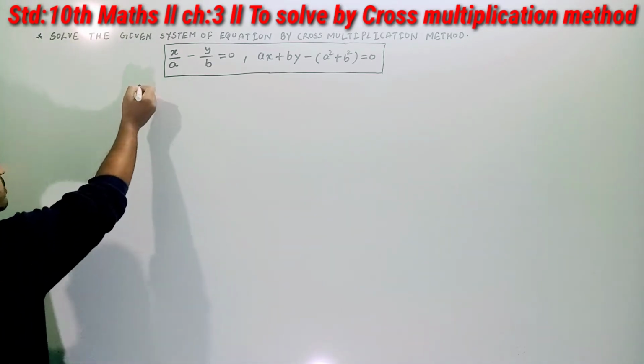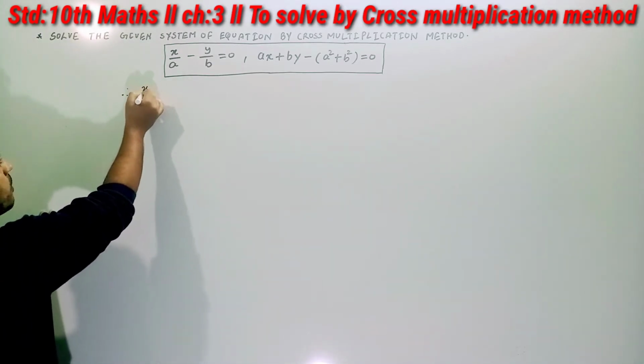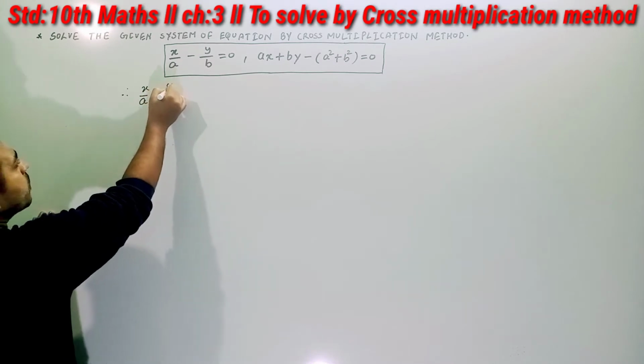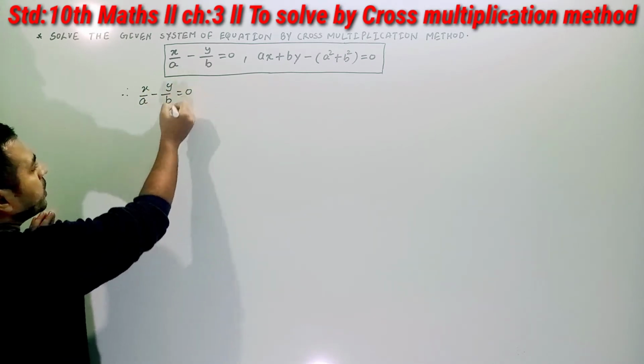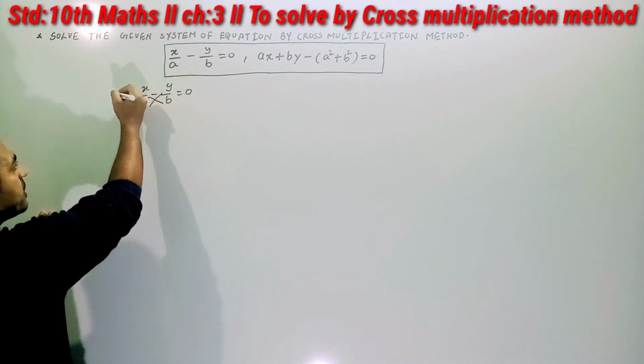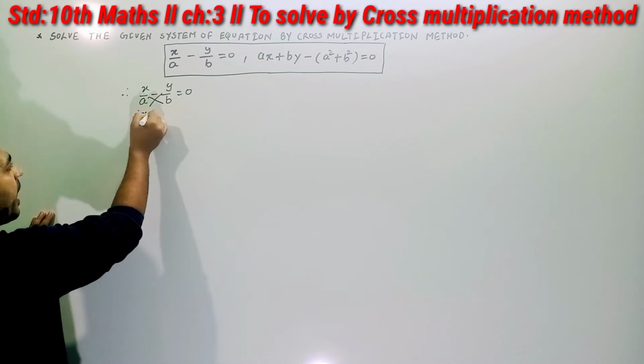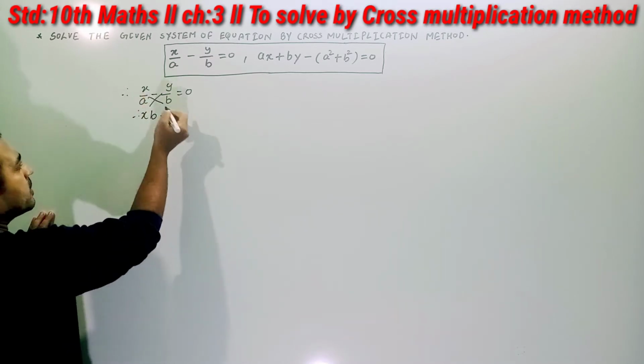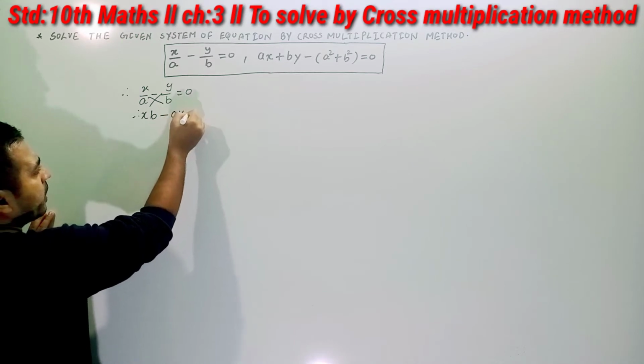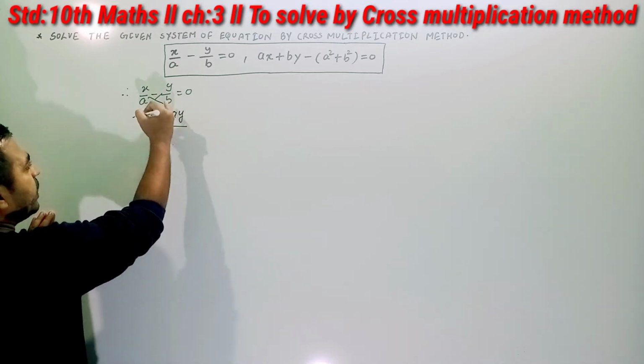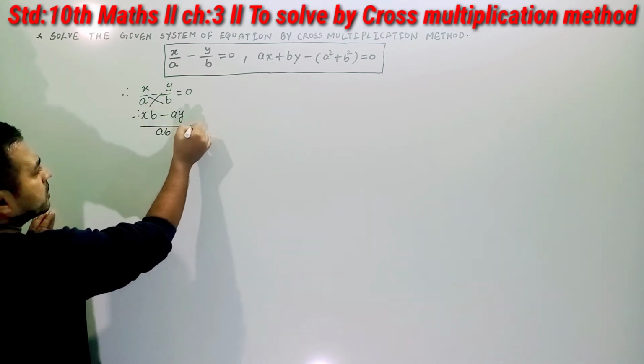Moving to the first equation: x upon a minus y upon b is equal to 0. Simplifying, we get xb minus ay divided by a into b is equal to 0.